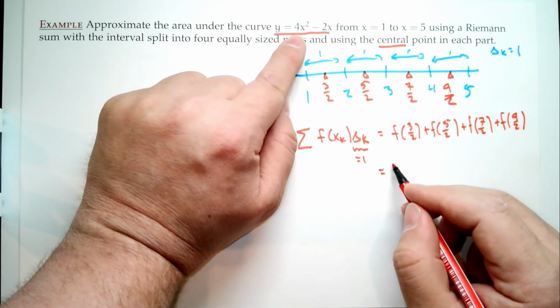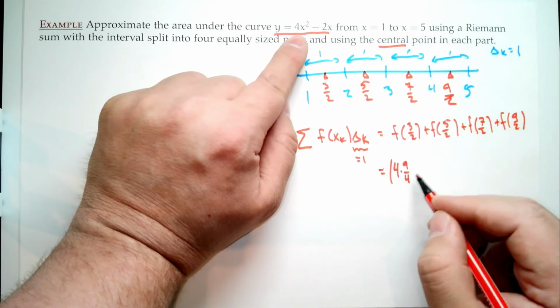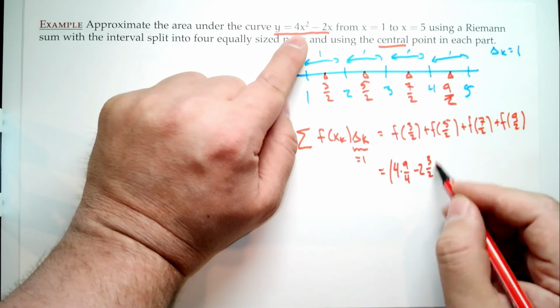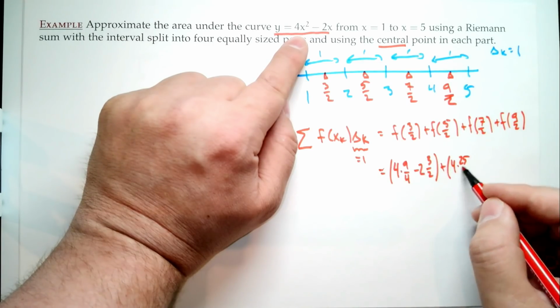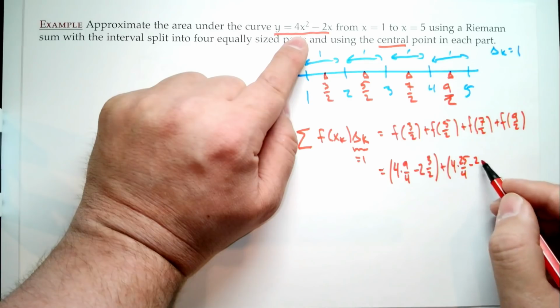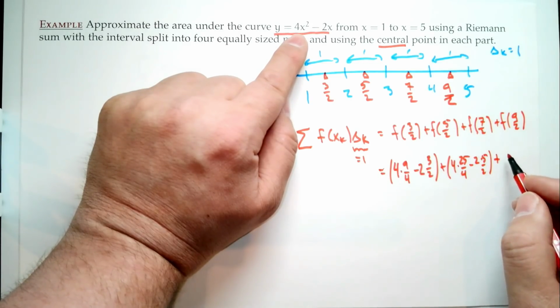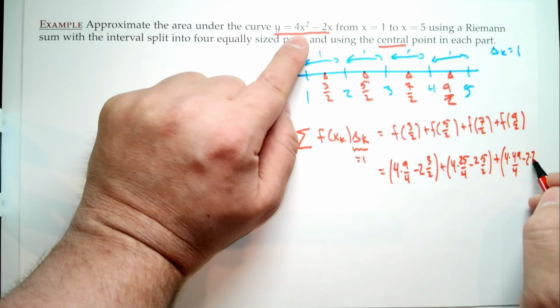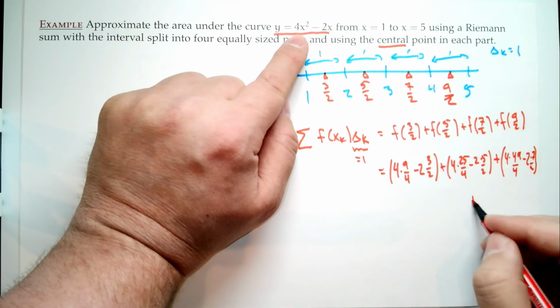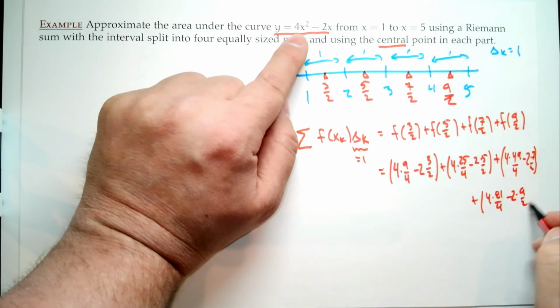We're going to get 4 times 3 halves squared, which is 9/4, minus 2 times 3 halves, plus 4 times 5 halves squared, that's 25/4, minus 2 times 5 halves. And I should have started further to the left because I'm going to run out of space. 4 times 7 halves squared is 49/4, minus 2 times 7 halves, plus 4 times 81/4, minus 2 times 9 halves.